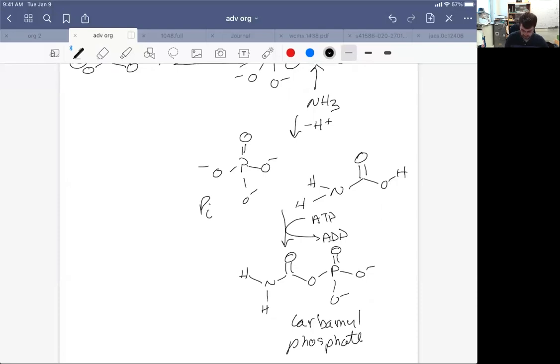Before I go on, though, I want to talk about the source of the NH3, as we're going to see this come up a few times. The source of the NH3 comes from glutamine. So glutamine is an amino acid.